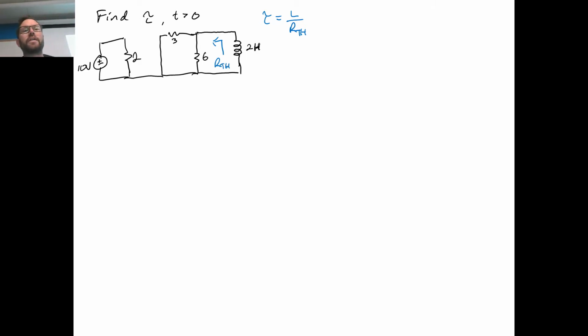For t greater than 0, it looks like it's just that 3 ohm and 6 ohm pair, and how are they connected? R Thevenin is what?